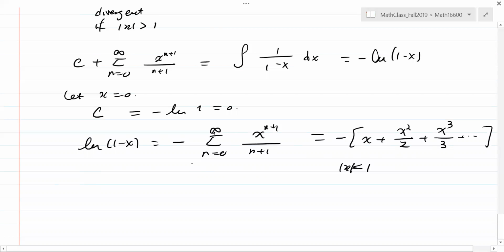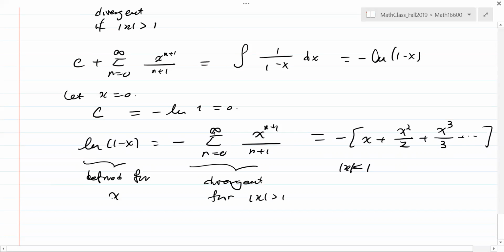So this side is divergent for x greater than 1, but the function side is defined for x less than 1. x could be negative 10, negative 20. So what do we get here?